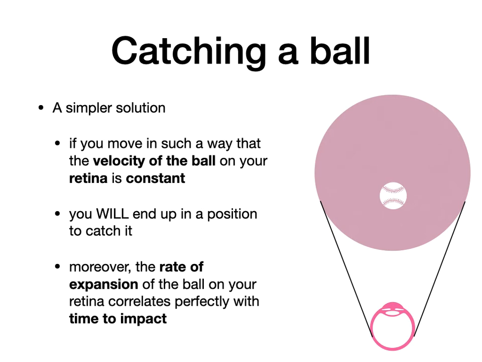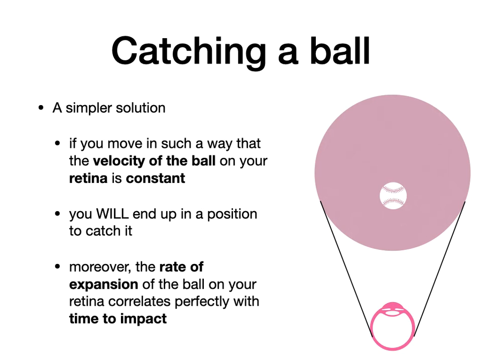If you move in such a way that the velocity of the ball on your retina is constant, so it's not accelerating, it's just moving up and down like that. It doesn't seem like much, but if you move so that the ball is moving like that on your retina, in your eye, you will end up in a position to catch it.